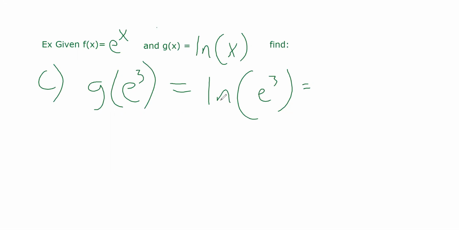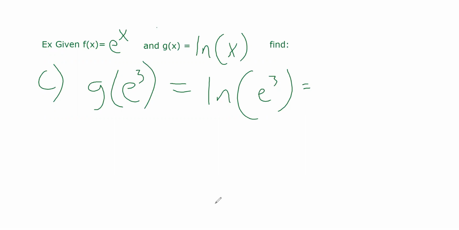Now I'm taking the natural log of e raised to some power. And so it turns out, once again, the natural log and the e are going to cancel each other out. It's like when you're taking a square root and then squaring something, or if you choose to square something first and then take the square root. Just because you flip the order of doing the operations, they still cancel each other out.